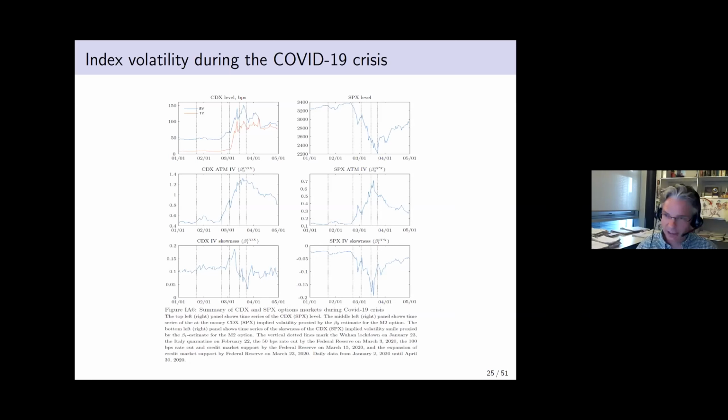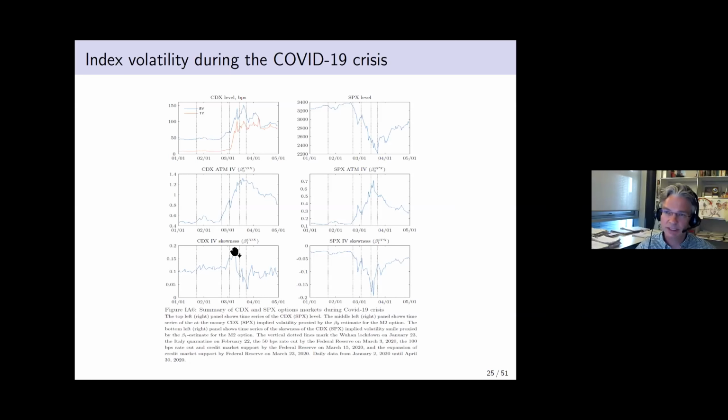If volatility increases in those states, then we would expect a positively skewed implied credit volatility curve. The same way that as the S&P drops, the equity implied volatility becomes more negatively skewed, it's consistent to see an increase in the positive skew on the credit side.